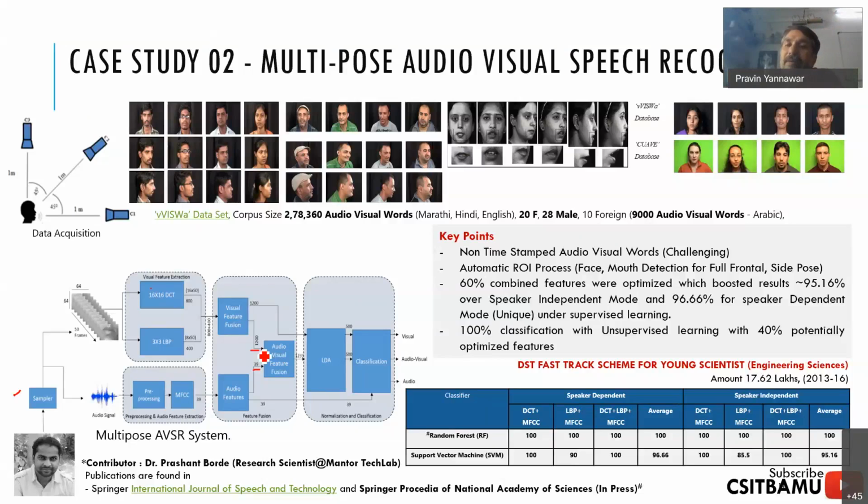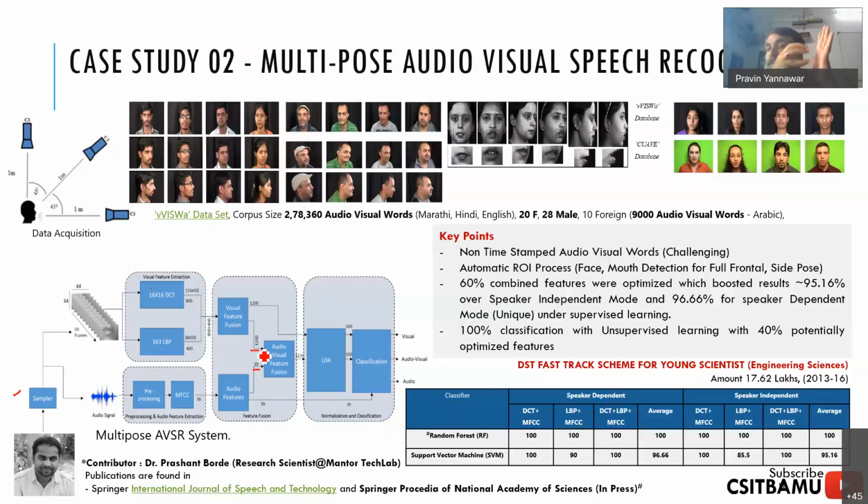So they are dependent, right? Now, if I train my system by leaving one speaker out, that means instead of training on 100% of the samples, I leave one speaker out and train on 90%, and then whatever I left out, I check with that. In that case it becomes independent.